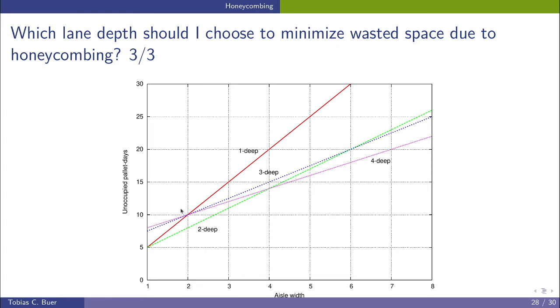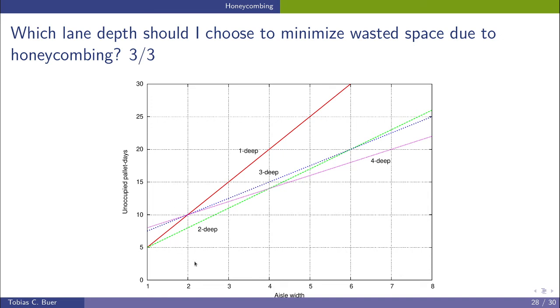So as you can see, the red line is a line that reflects the one deep storage. And you see the y-axis, unoccupied pallet days, so higher numbers are worse. We prefer lower numbers. Yeah? We prefer low waste of space, of course.